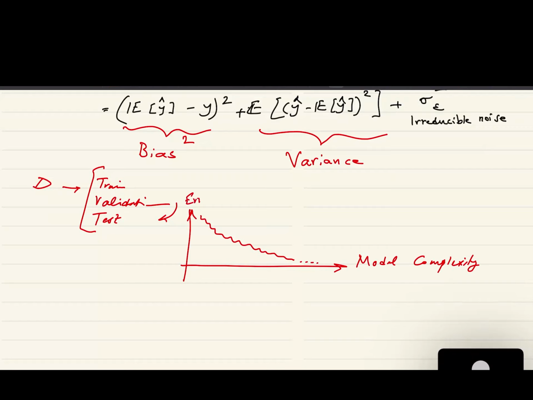So this will be the error, and this is the fit to the training data, right? But we kept validation data to tell us how much this fit will stand the test of unseen data. And oftentimes what we see in linear models and other models like that is a validation error that behaves like this.